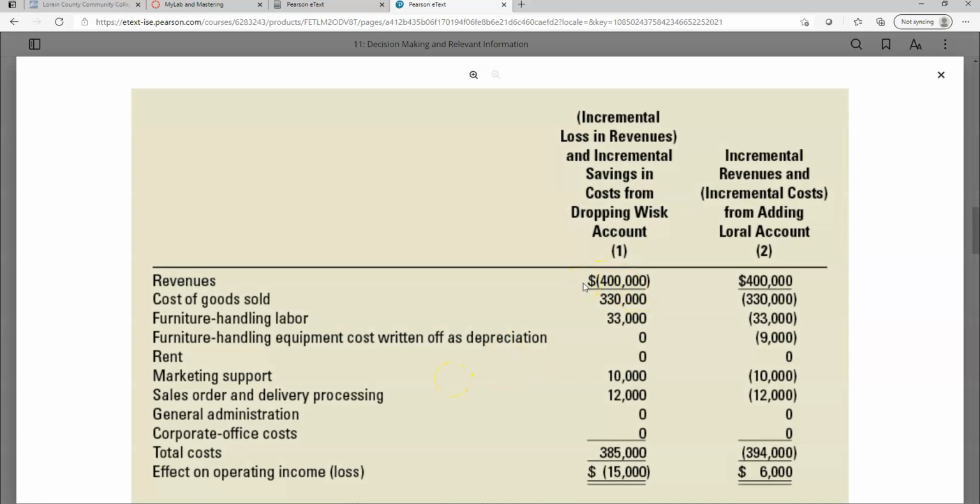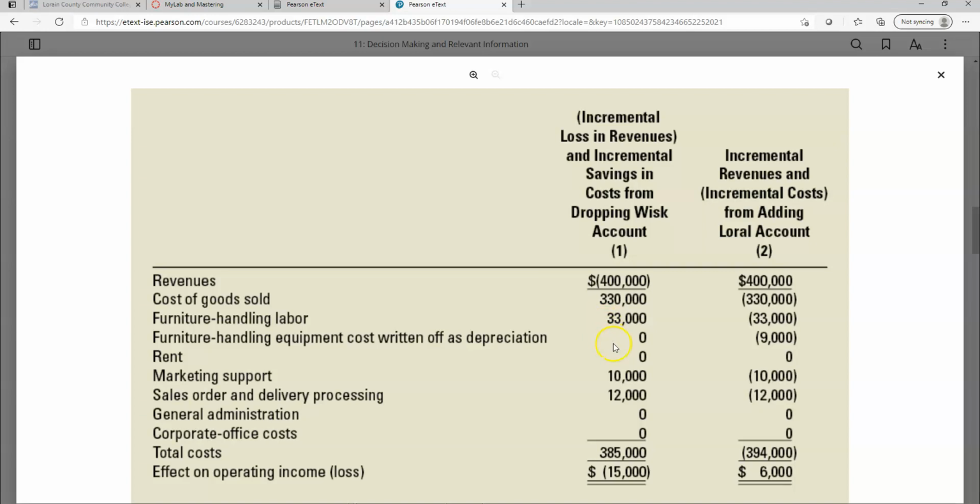If I drop Whisk, I'm going to lose $400,000 of revenue right off the bat. I'm going to have cost savings of cost of goods sold, $330,000. Furniture handling labor, or the labor for moving the Whisk account in the facilities, by $33,000.